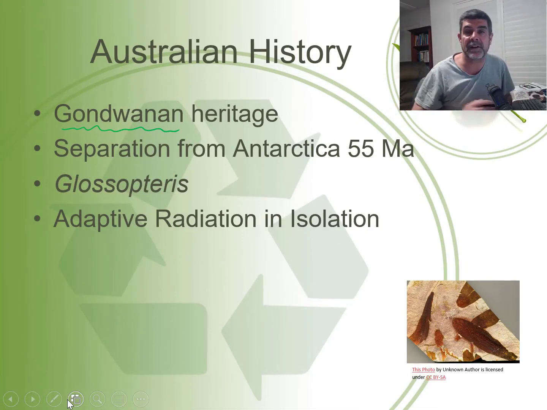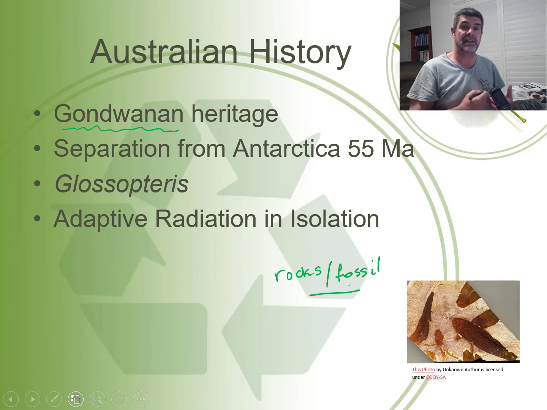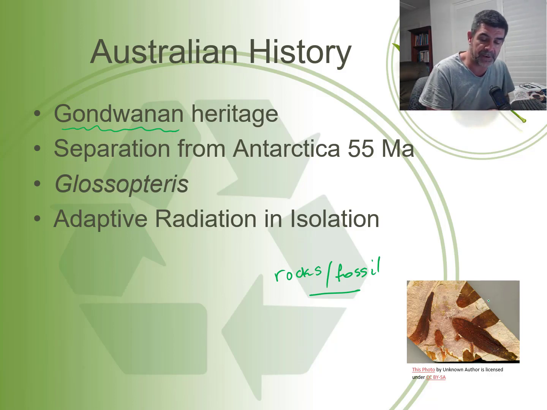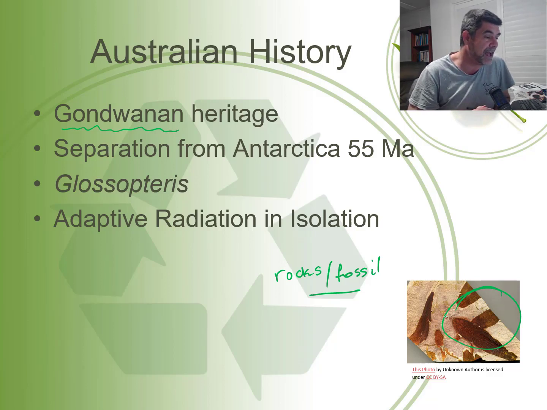And so we find, as part of our study of this southern supercontinent, that there are a number of rocks and also fossils that show us a Gondwanan distribution. That is, that existed on each of these different continents. And they included things like Glossopteris, a species of plant that you can't imagine moving between the continents in their current locations, so therefore they must have been at some point much closer together.